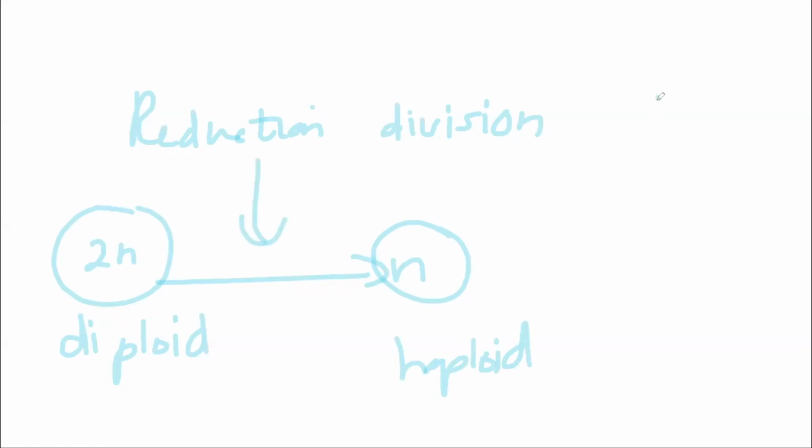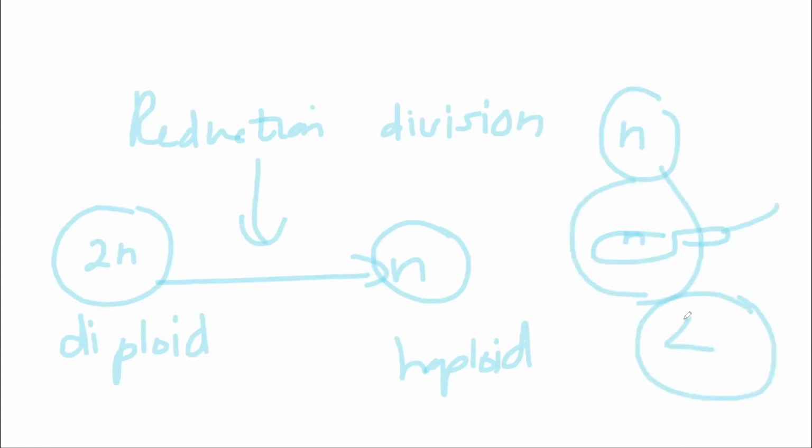And the reason for that is when the sperm and the egg fuse, you get an organism with 46 chromosomes. So it's reduction division to produce haploid gametes. And every time a sperm and an ovum fuse, it forms a zygote with 46 chromosomes. And that is the chromosome number of our species. So meiosis also keeps the chromosome number of our species constant. Okay, so that's very, very important.